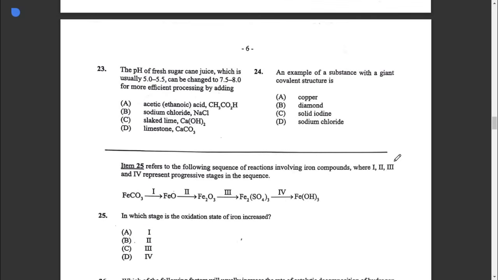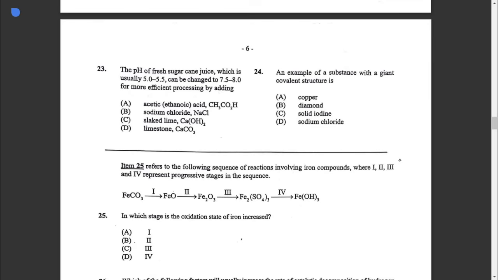Question 23. The pH of fresh sugar cane juice, which is usually 5.0 to 5.5, can be changed to between 7.5 and 8 for more efficient processing by adding. It's under 7, so we know that it is acidic, so we need to add a base. Sodium chloride is a salt that will not affect the pH. Ethanoic acid, or vinegar, or acetic acid, is an acid that would decrease the pH.